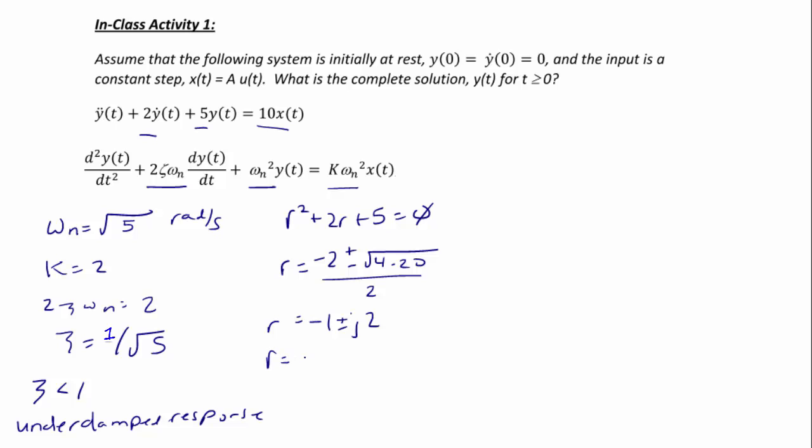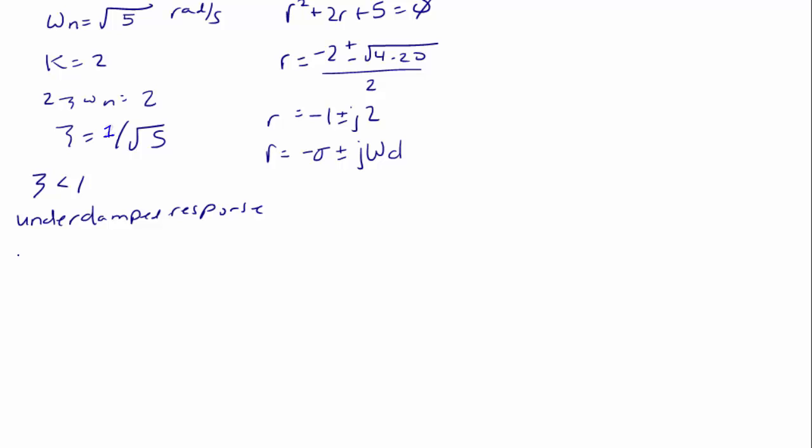And we can compare this to the general form, which is negative sigma plus or minus j omega d, where omega d is the damping frequency and sigma is the damping factor. The general form for the underdamped response is y of t is equal to kA plus C e to the negative sigma t sine of omega d t plus theta.